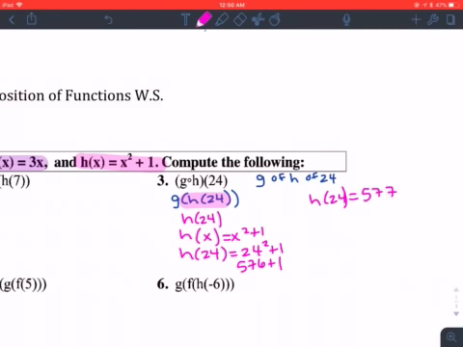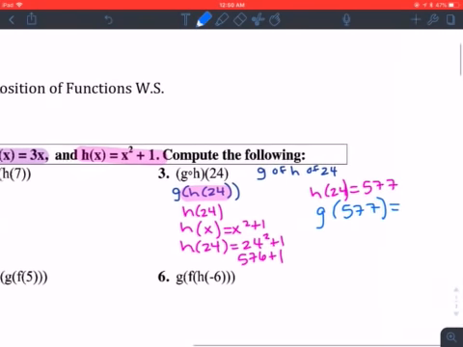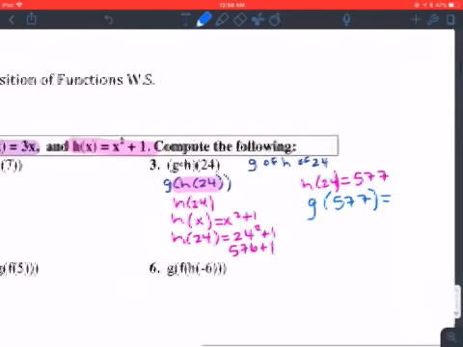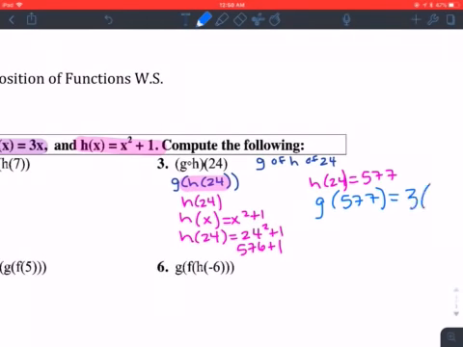Alright, so now we need to find g of 577. So I'm going to take my g of x, which is 3x, and in place of x I'm putting 577. And then we can plug that into a calculator.